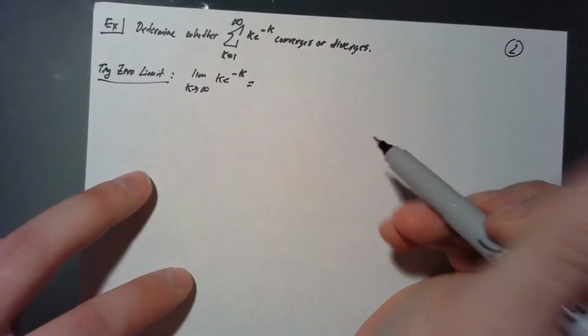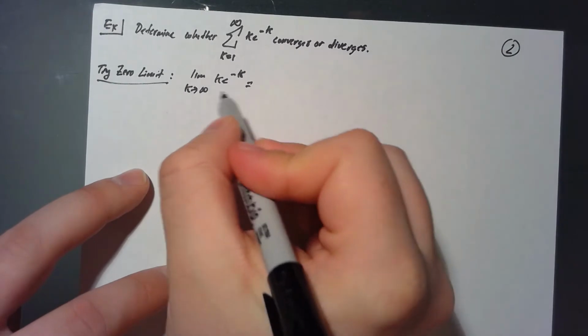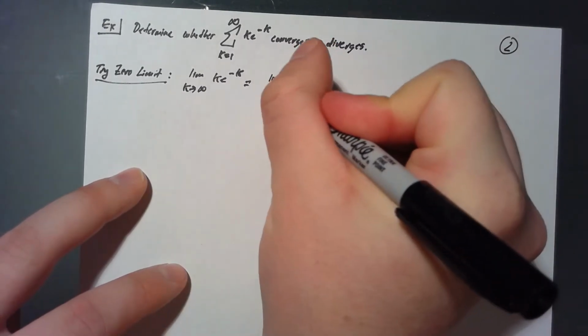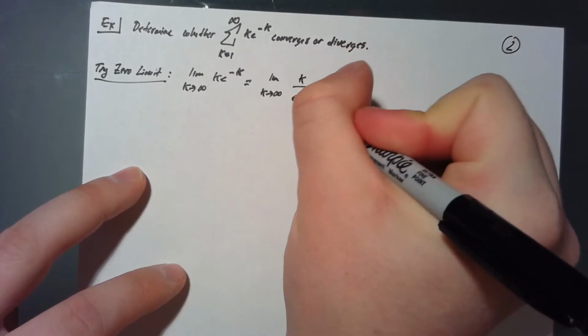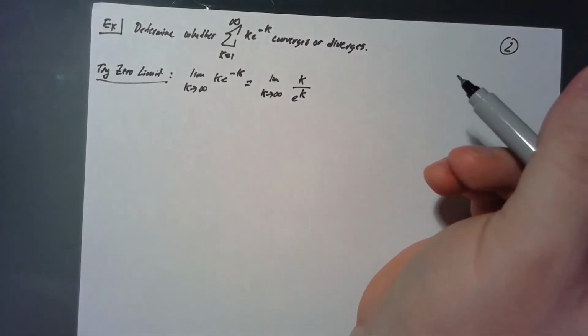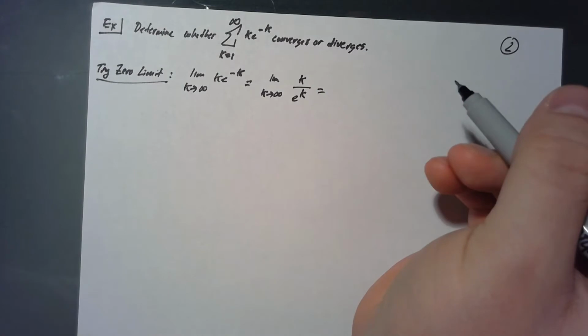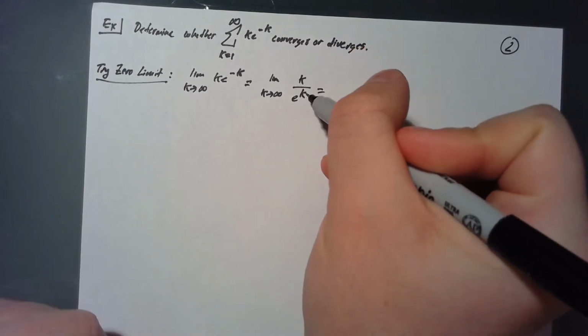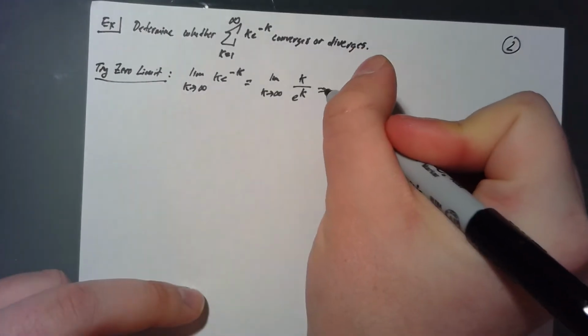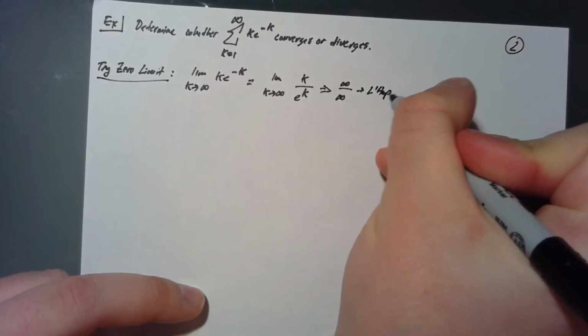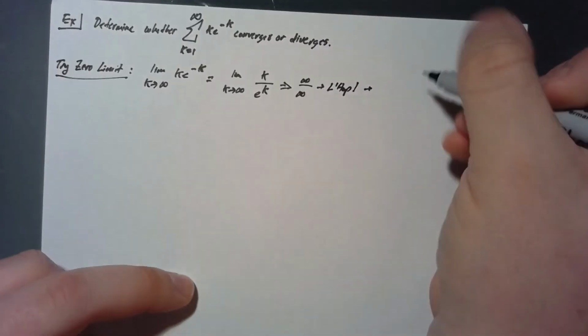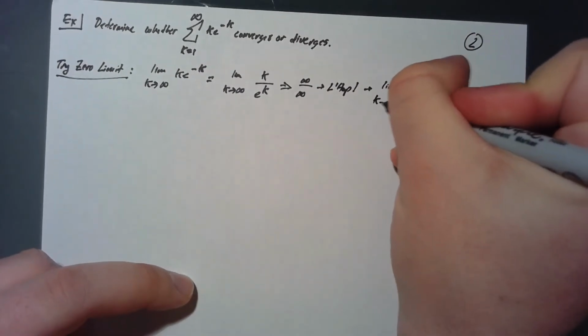Well, that's an easy limit to compute. You do that from Calc 1. You could take the reciprocal here, so that's k over e to the k. If you take the limit of that, that's going to be infinity over infinity, so you could use L'Hopital's rule, which means it's the limit as k approaches infinity.